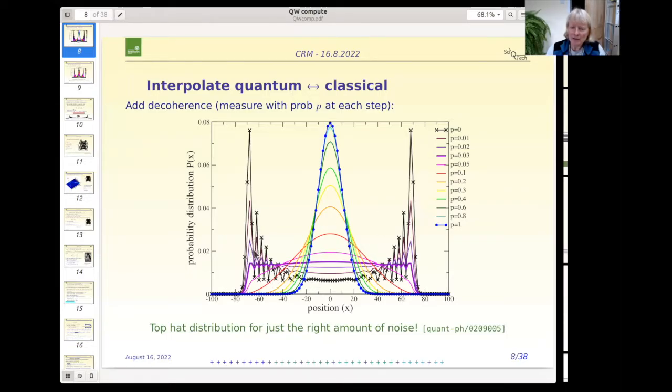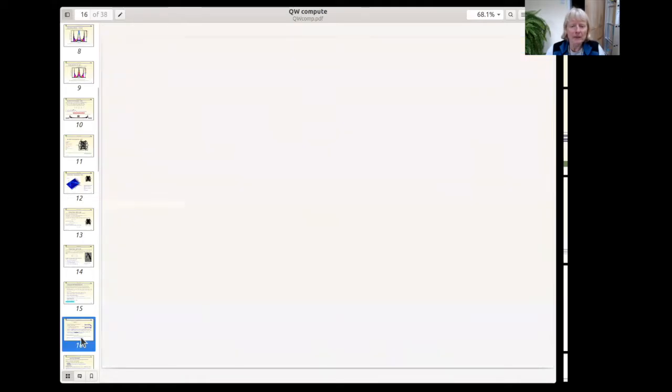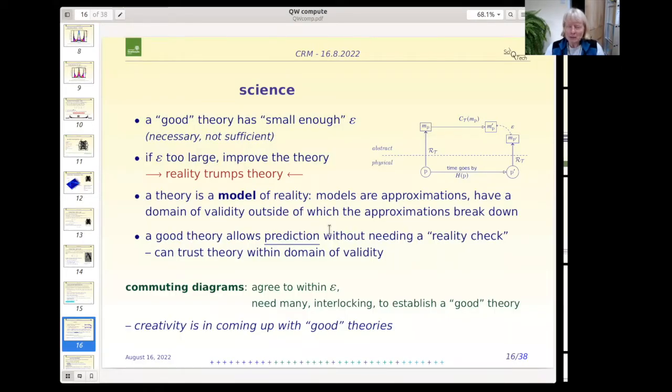Sometimes the spikes are degraded, and they're a little more heading towards the classical, depending on how long they run them for. But that's okay, because we can model that. And so we have a good theory of that, and we can match up and say how noisy it is. How long do we run it to get that nice top hat? So we could do our uniform sampling. So I think we tick this box.